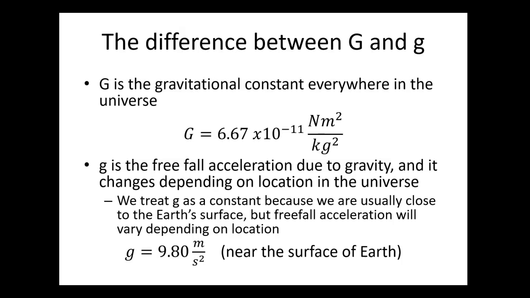We are usually close to the Earth's surface, and at that location, g is 9.8 meters per second squared. But if we were to go to the moon or Mars or anywhere else very far away from the surface of the Earth, we would see that g is very different.